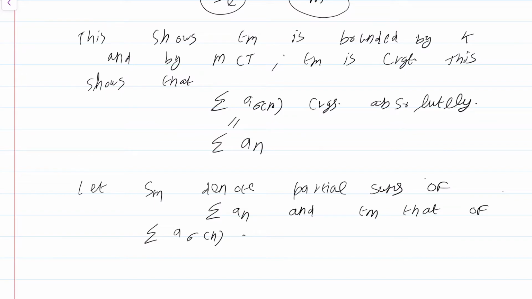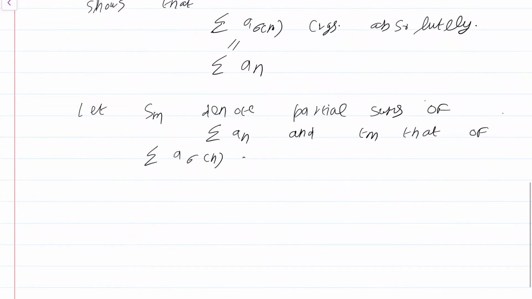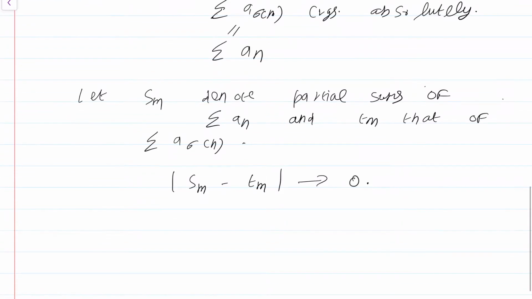Now we want to show that Tm converges to the same limit as Sm, and we can achieve that by showing that mod Sm minus Tm converges to 0. If we can show this, we are actually done, right? Now, how are we going to show that mod Sm minus Tm converges to 0? We pull the same trick that we pulled last time.